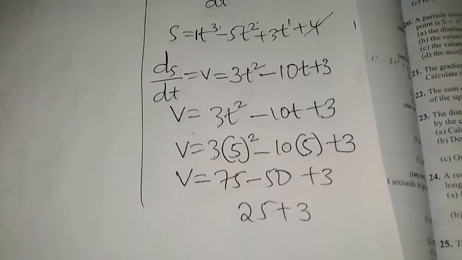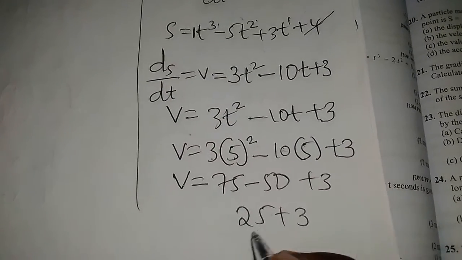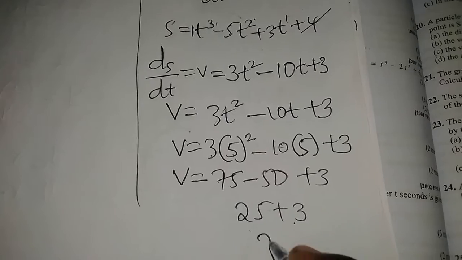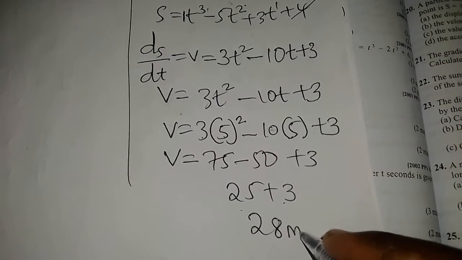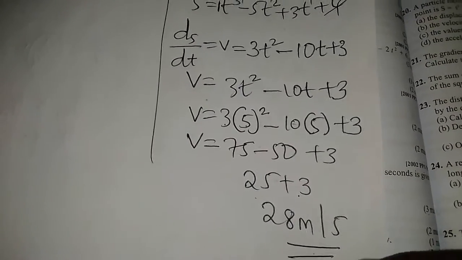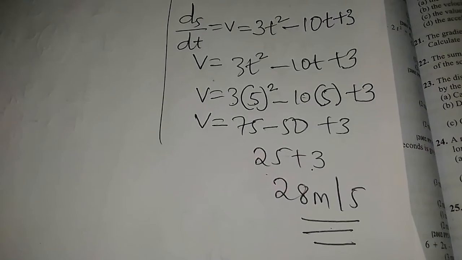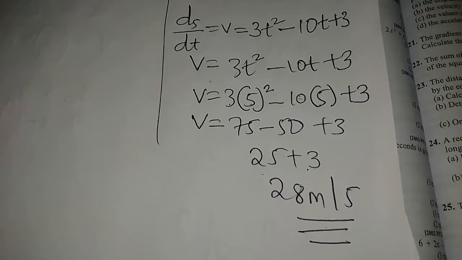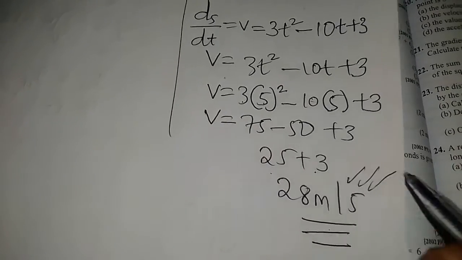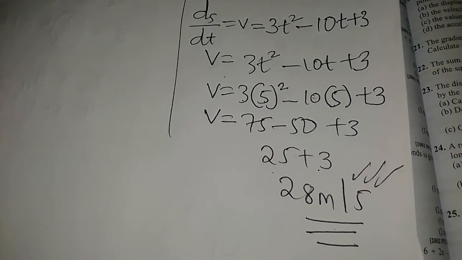It ends up giving me 28 meters per second. The unit for velocity is meters per second. Velocity is a vector quantity, it has magnitude and direction. So 28 meters per second becomes the velocity at time 5 seconds.